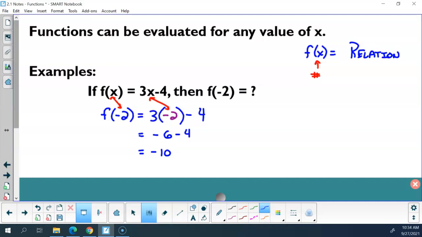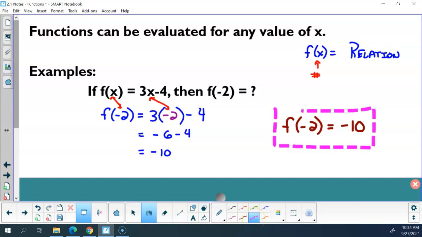So my answer is f of -2 is -10, which tells me that when I input -2 into my relation, I get an output value of -10.